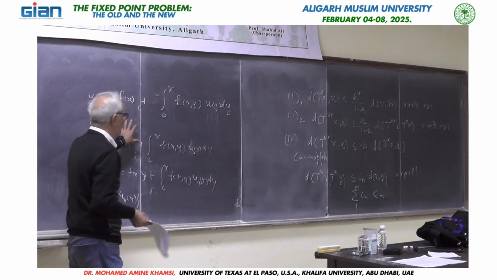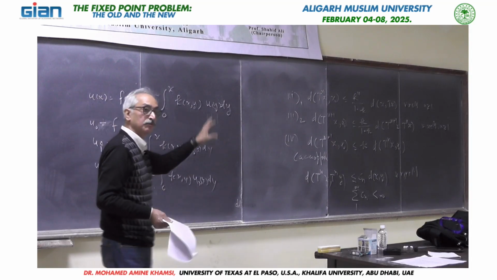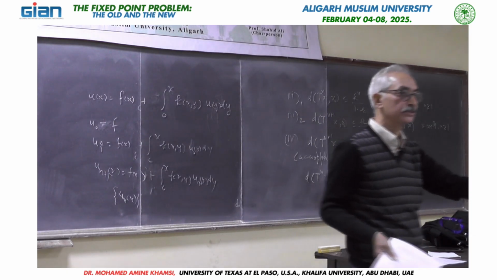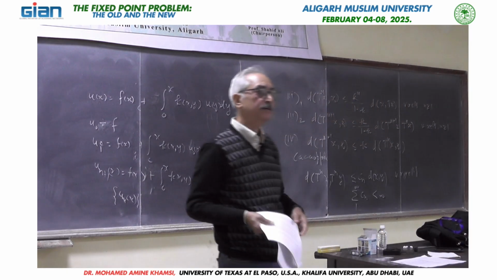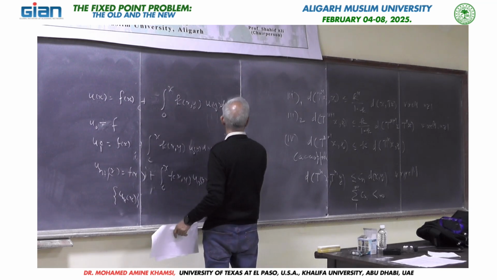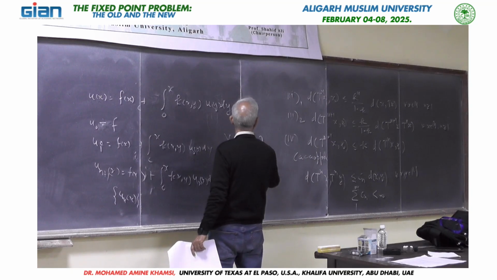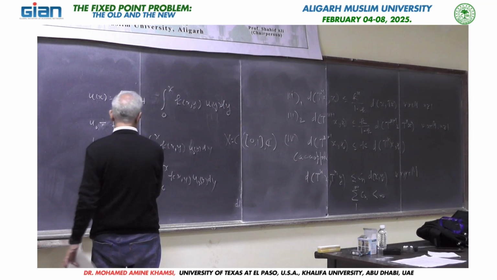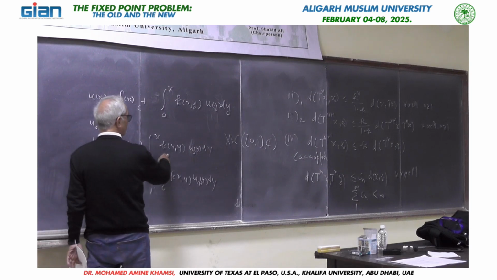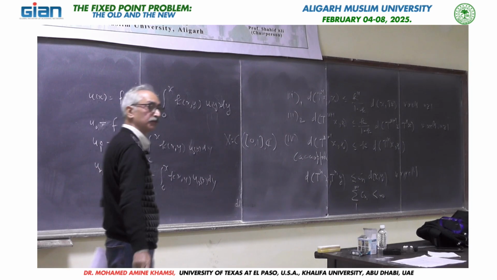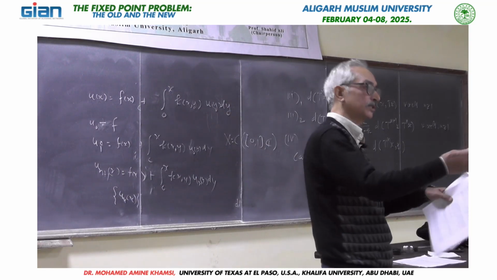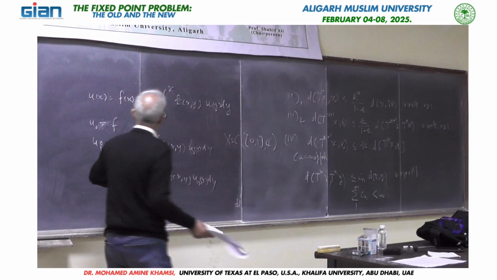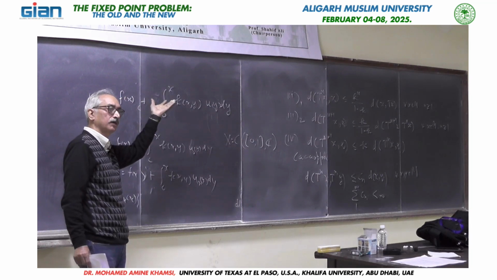If you are considering it in a function space like C, continuous functions, or L2, say C[0,1] for simplicity, with complex valued functions, this is a Banach space, and under certain restrictions u_n will be a convergent sequence, and the limit will satisfy the integral equation. That is one way of approaching this problem.